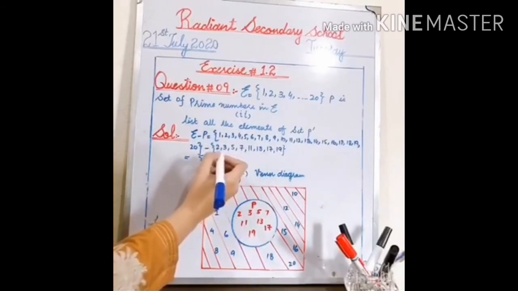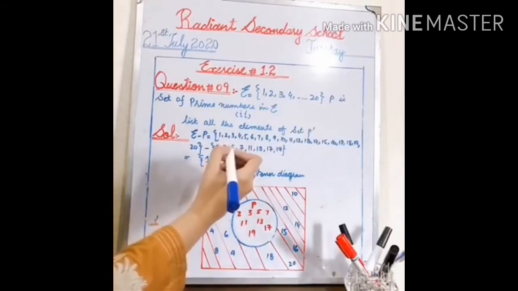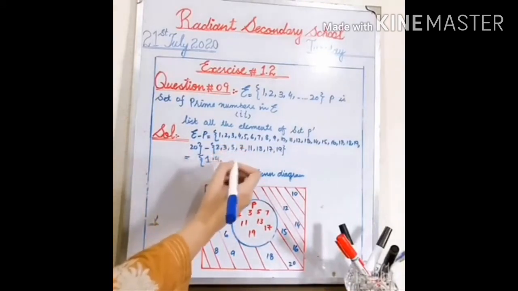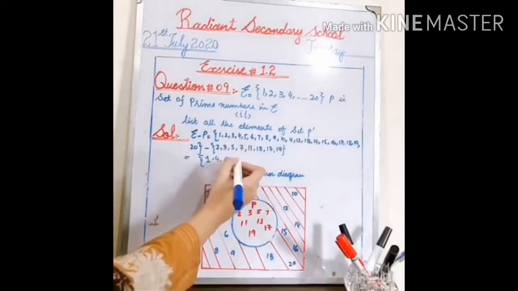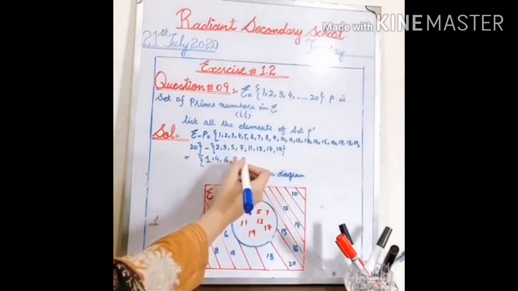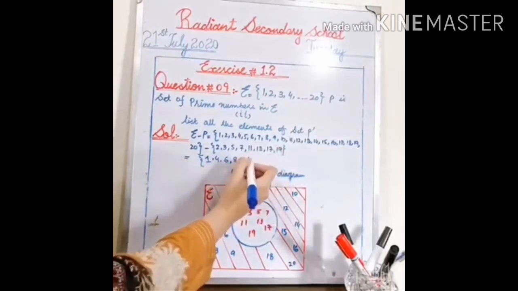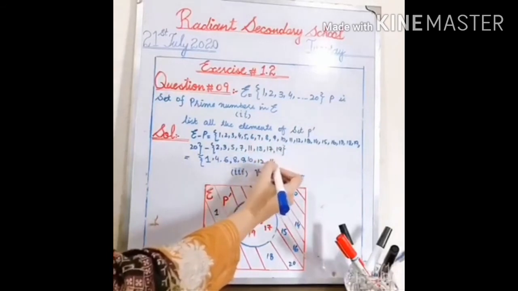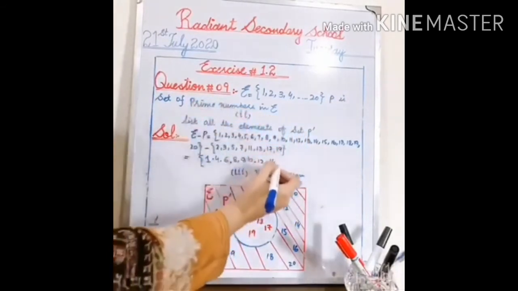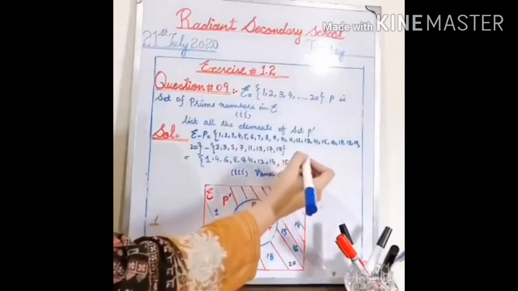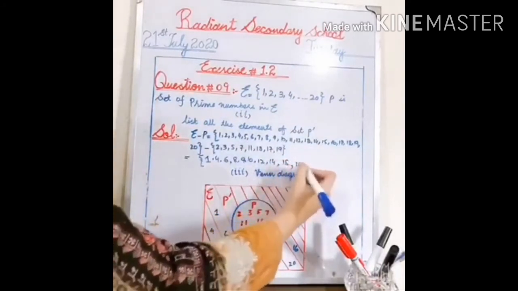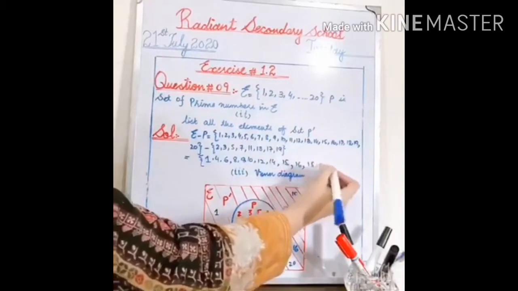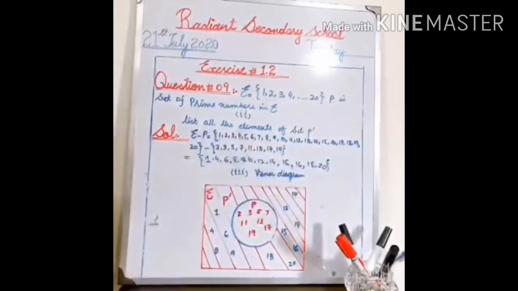So 4, similarly 5 is present, 6, 7 is present, 8, then 9, 10, 12, 14, 15, 16, 18 and 20. So this is our answer of P complement.